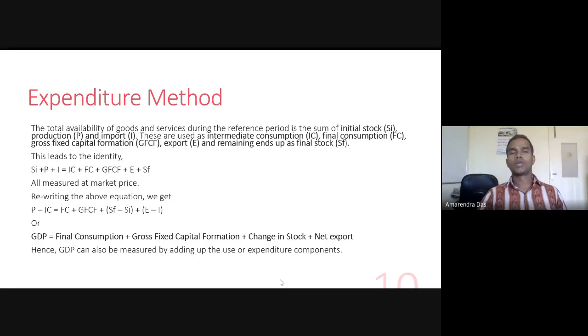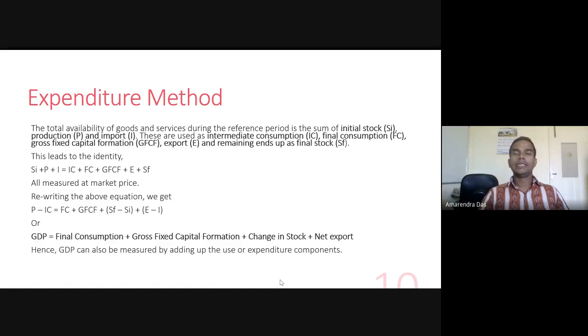Now these are used as intermediate consumption, final consumption, gross fixed capital formation, and export, and the remainder ends up as final stock. It means some of these outputs can be used as intermediate consumption, some things can be used as final consumption, and something can be used for further production, that is gross fixed capital formation. Some things will be exported, and whatever is left out is called the final stock.